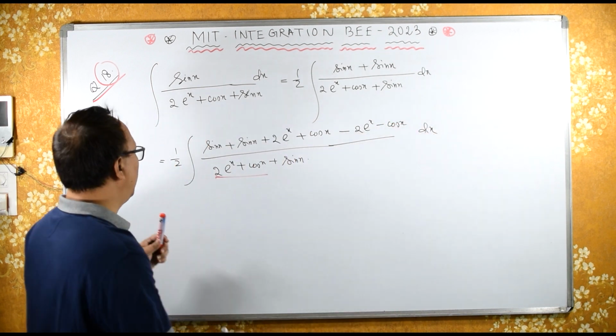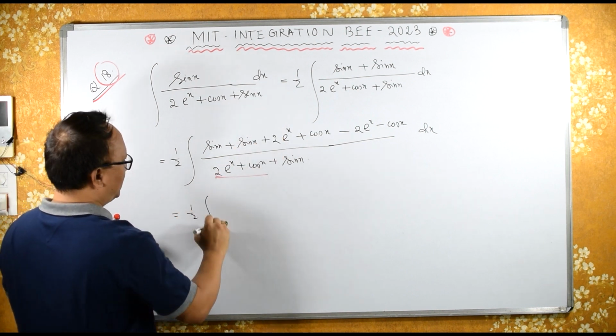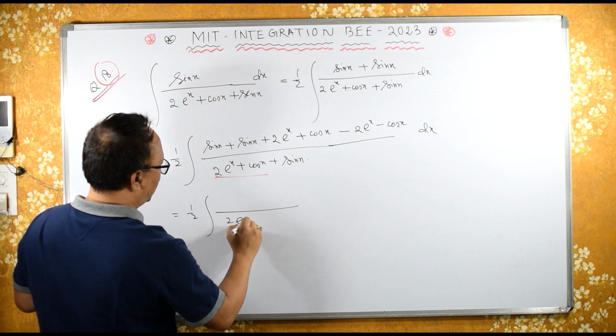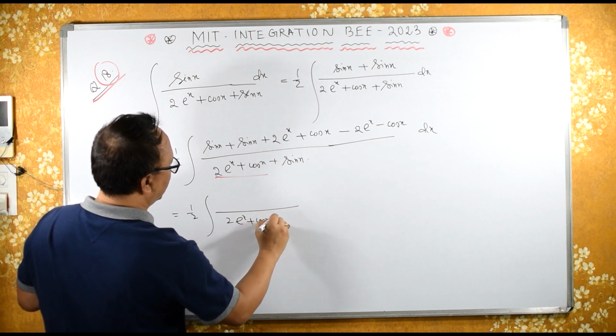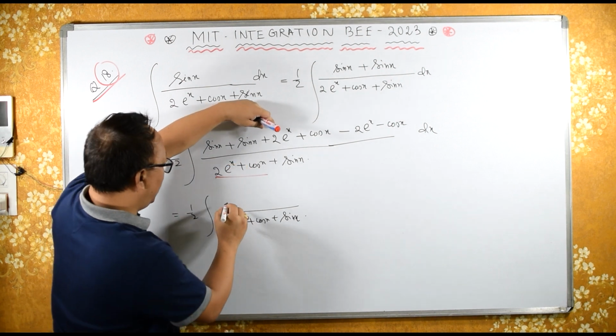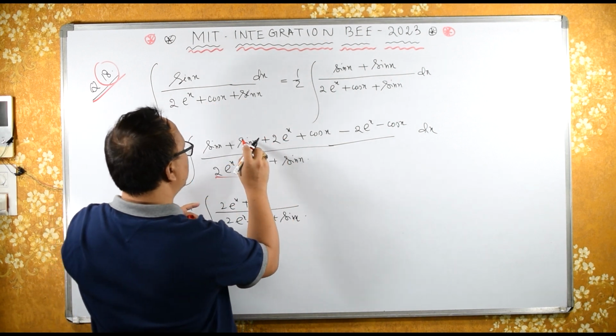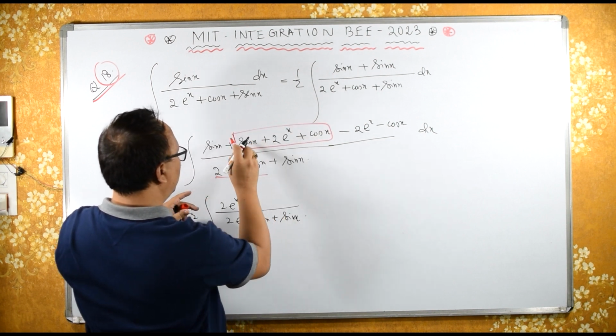Let's combine with this: half integral of 2 e raised to x plus cos x plus sin x. Let's combine these two.